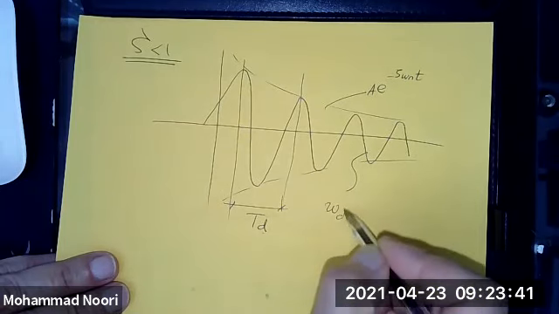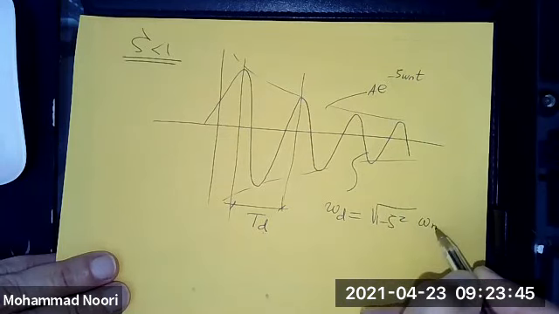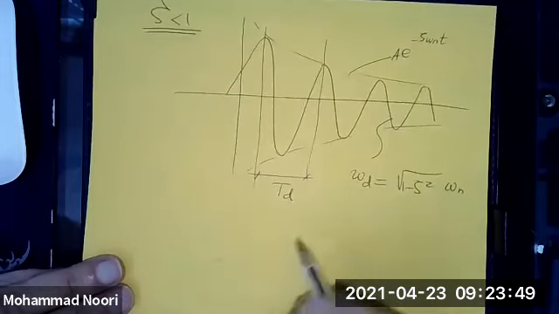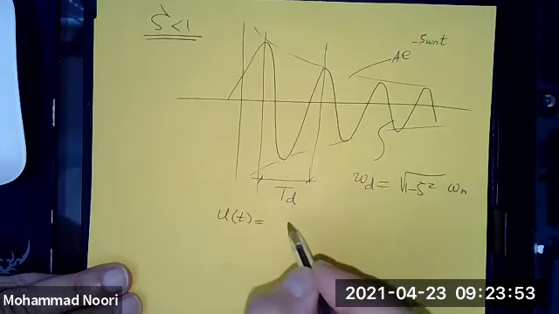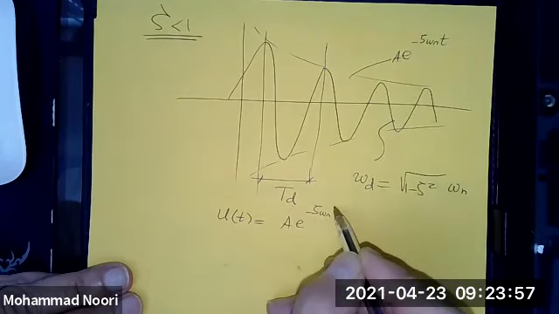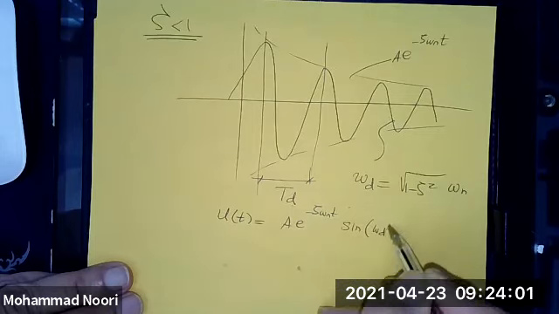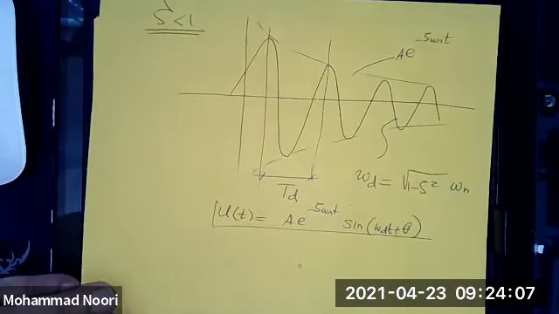The frequency is square root of 1 minus zeta squared times omega n, and the form of this response is A e to the minus zeta omega n t times sine of omega d t plus theta. And you saw how it is in terms of initial conditions.